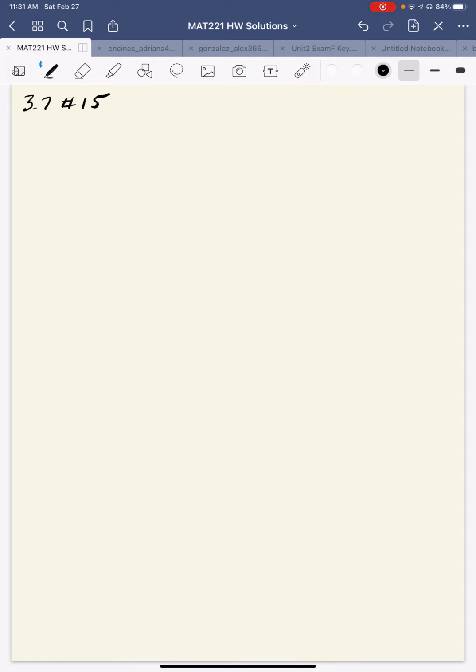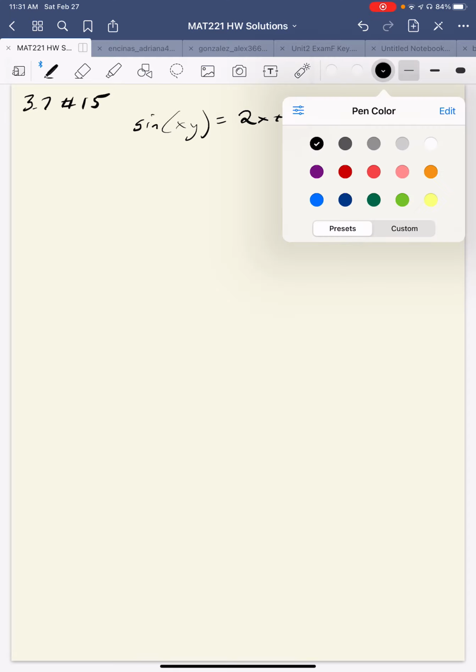All right, and in this one, we're told that the sine of xy equals 2x plus 5. And so I'm going to start by taking the derivative of both sides. And when I do that, so let me write that in here.